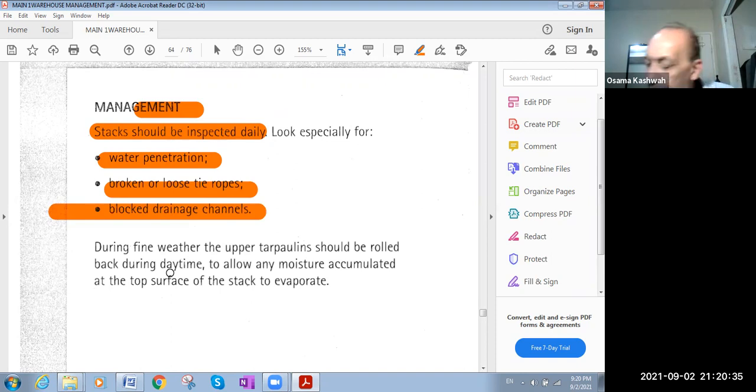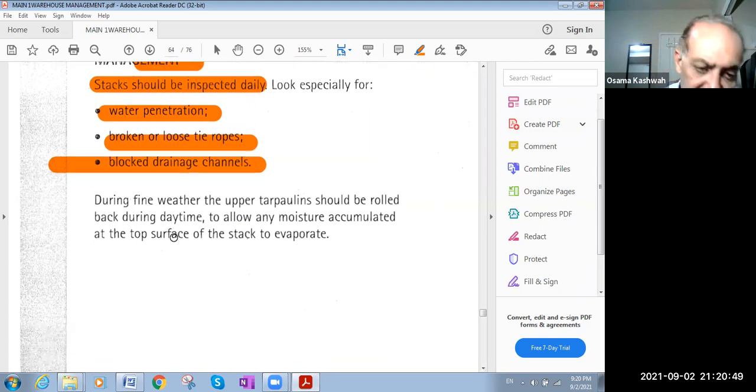So we have to pass over and check out the stacks and our bags once a day, every day. During fine weather, the upper tarpaulins should be rolled back during daytime.